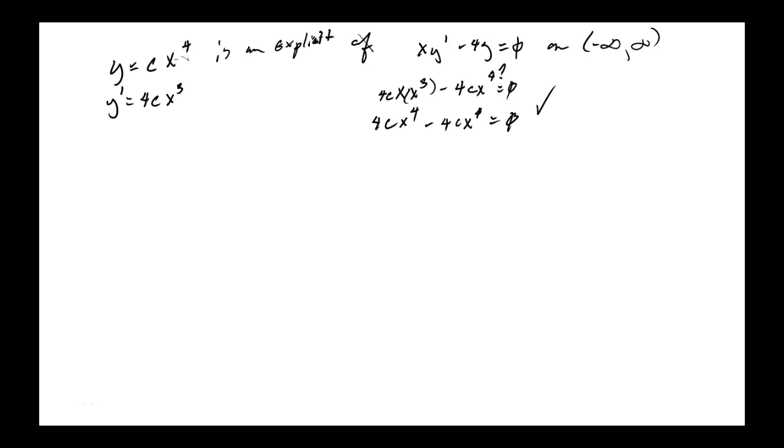So here would be another solution, a piecewise defined function: y is equal to minus x to the fourth for x less than 0, and positive x to the fourth for x greater than 0. Now one of those should have an equal sign under it. It doesn't matter which, one of them should, because you do have a value of 0. It's also a solution curve, but it cannot be obtained from the family c x to the fourth by a single choice of c. Okay?